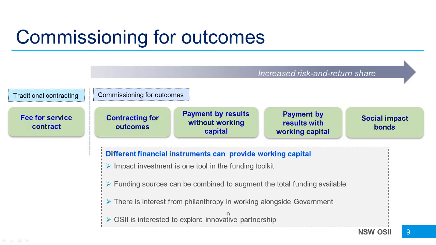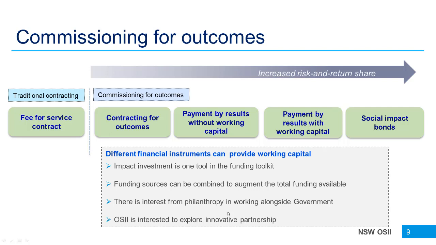There is an incentive, therefore, on the service provider side to deliver the agreed outcome and to participate in the benefits and risks sharing with government. This is very different from traditional forms of government contracting, where the government provided upfront funding to service providers on a fee-for-service basis.